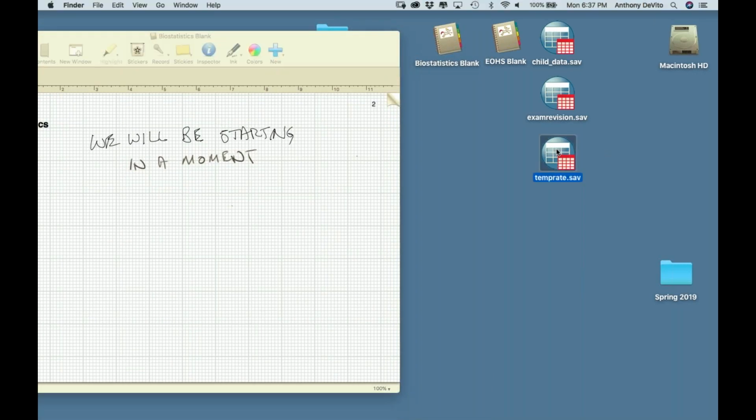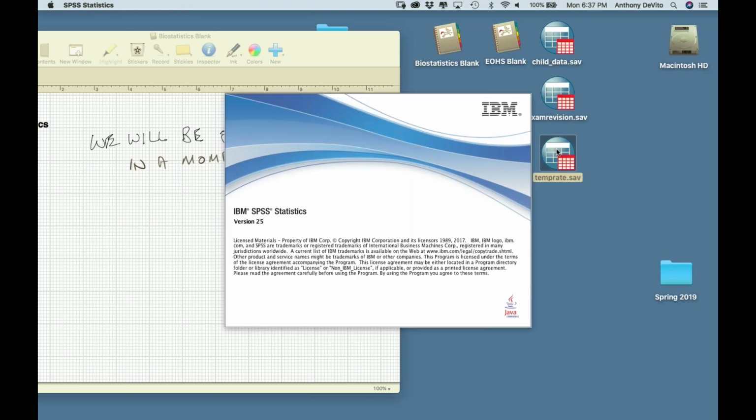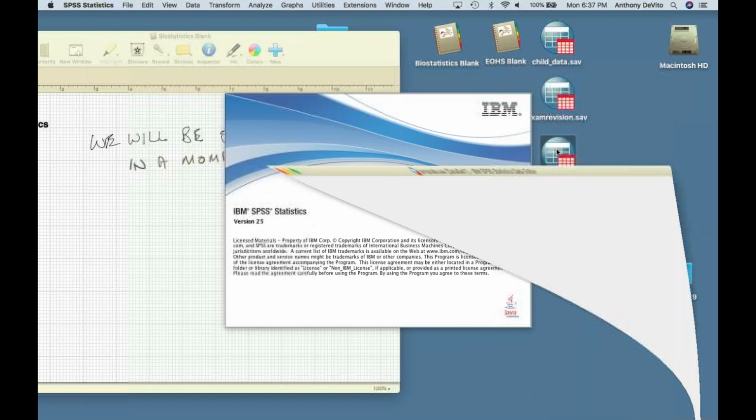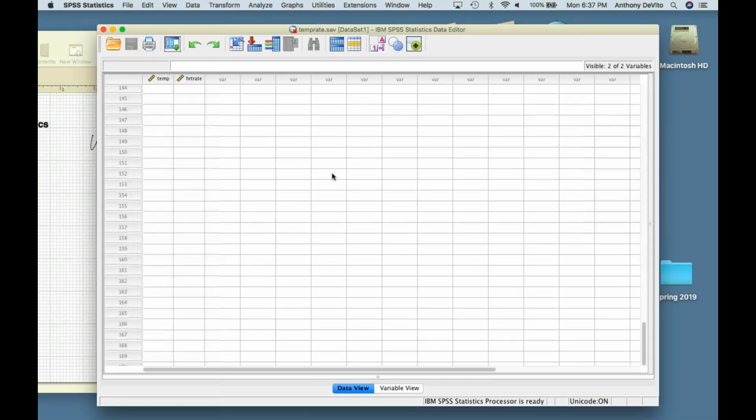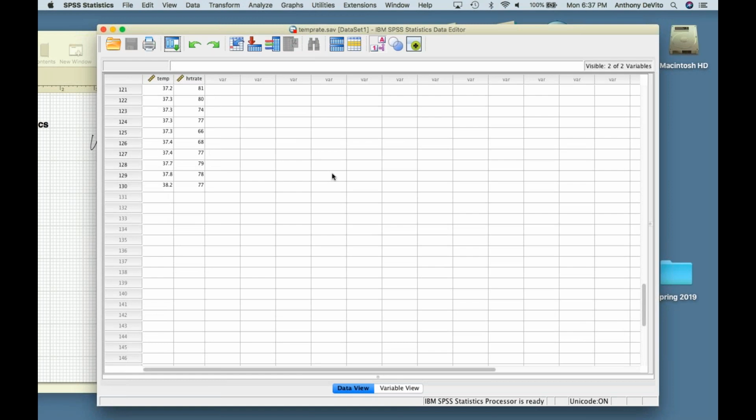This particular data file has temperatures and heart rates for a number of subjects. Both of those are numerical variables, right? Heart rate is a numerical variable, beats per minute, and a person's temperature in degrees is a numerical variable. We have 130 subjects.